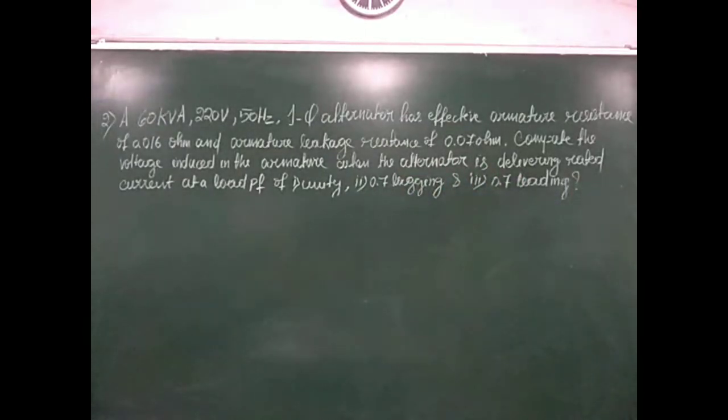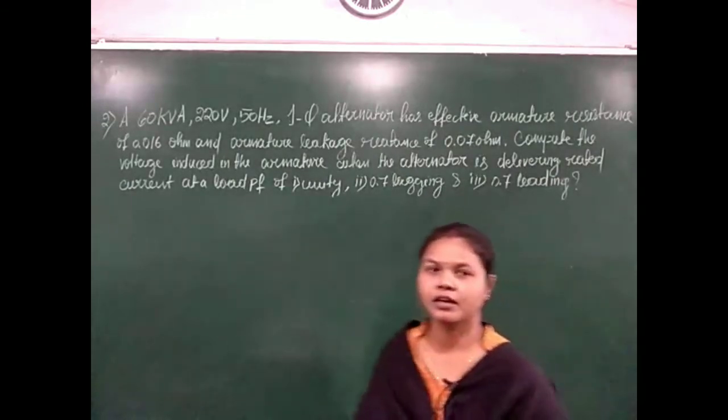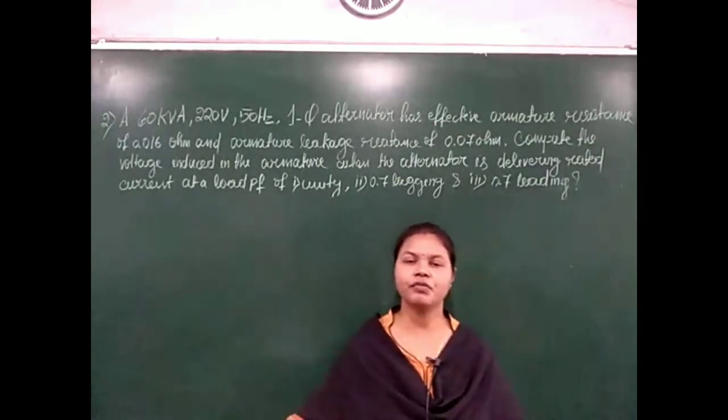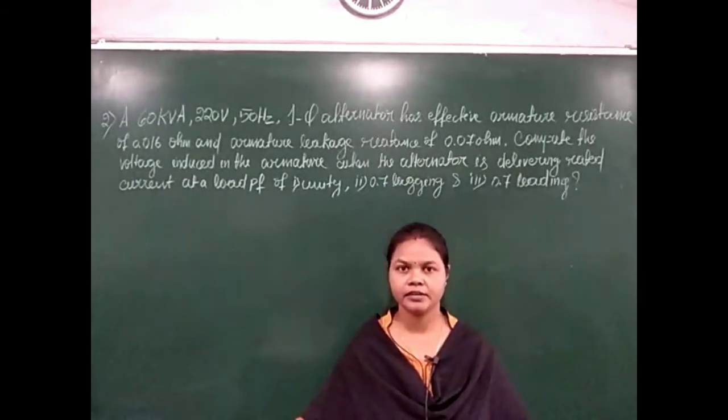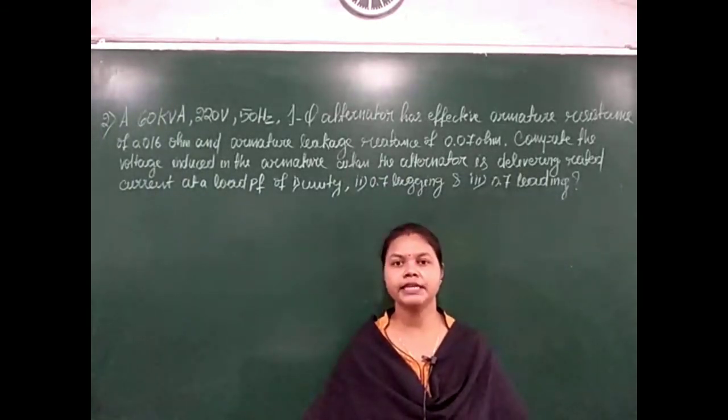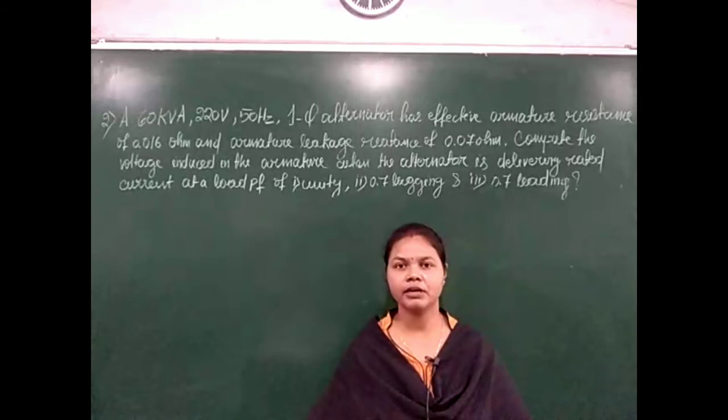Okay, in this question, the task is to find the voltage generated in an alternator under three conditions: unity power factor, lagging power factor and leading power factor. The alternator is of single phase type, so you neglect the fictitious reactance.